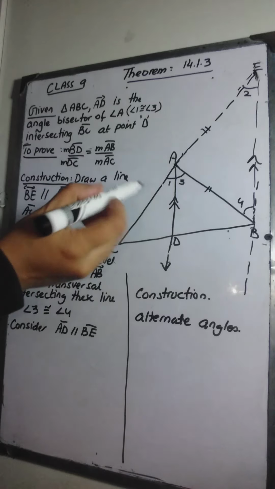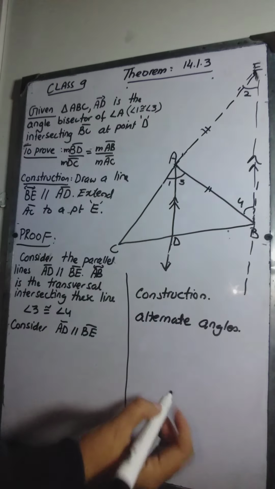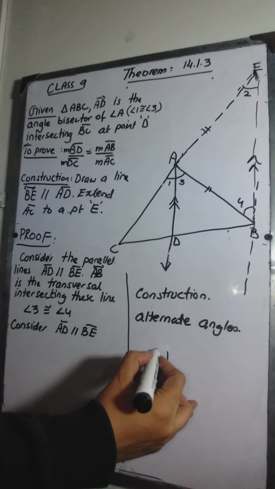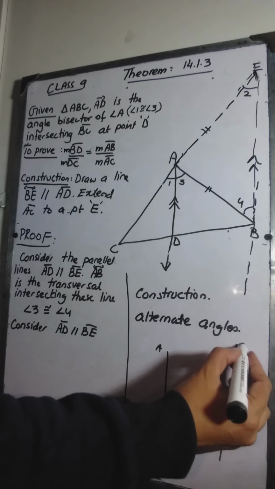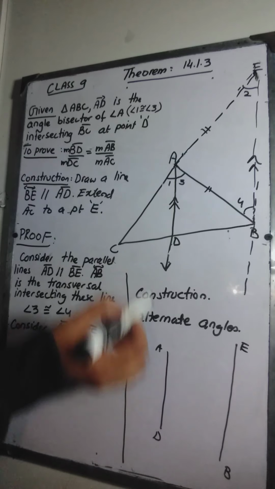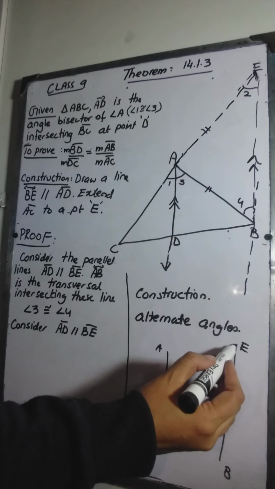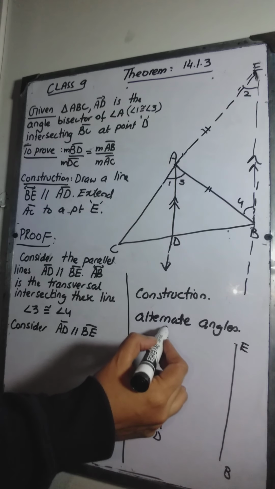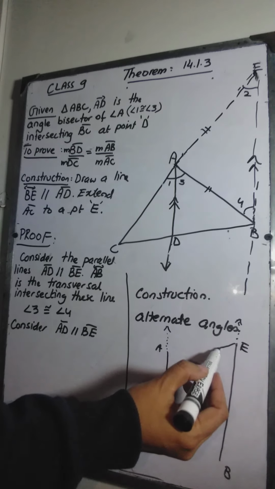This is the line AD and the line BE. This time I'm not going to take this transversal AB. I'm going to take this transversal AE. If I extend this line, and join AE.